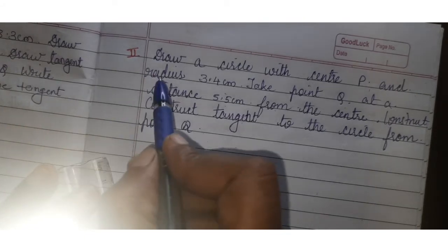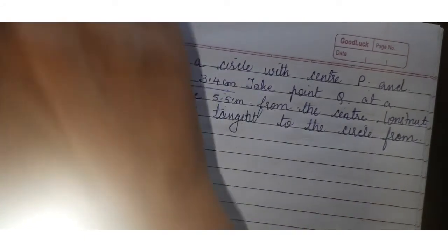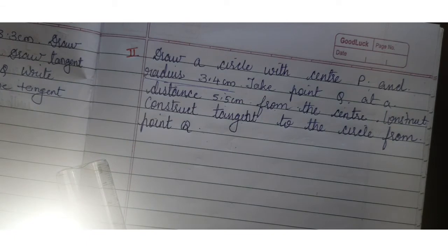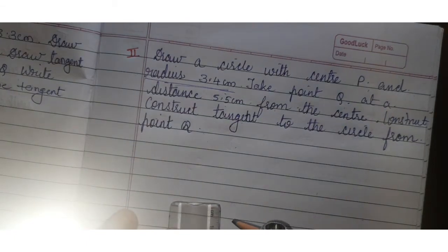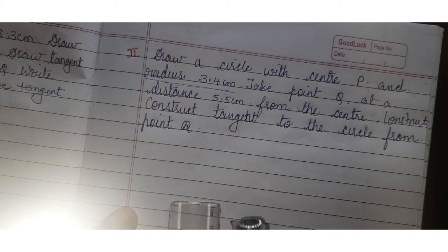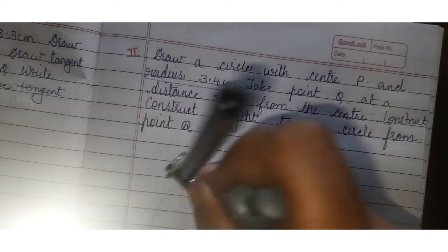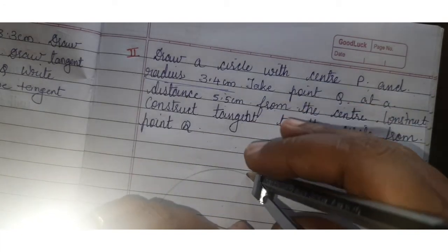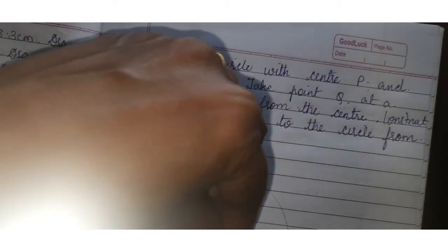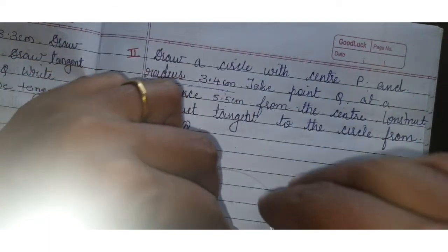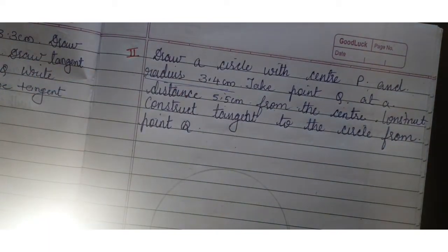So very first thing, we will draw the circle of radius 3.4 centimeter. Okay. So 4 lines after 3. So this way. Draw the circle.